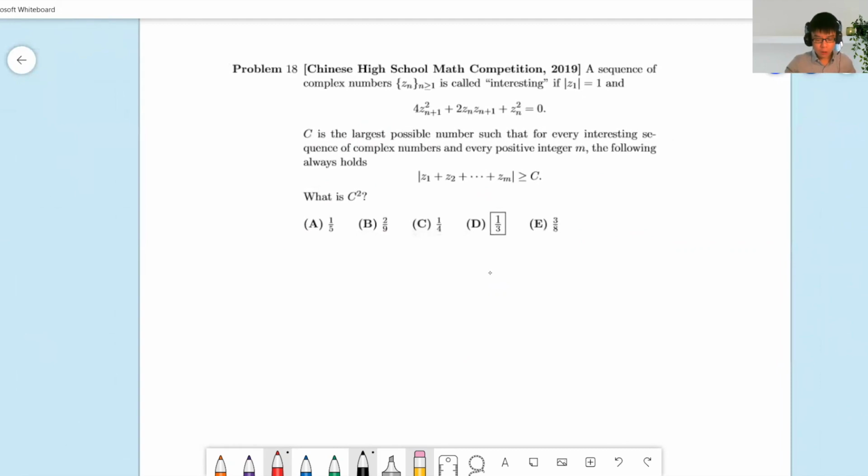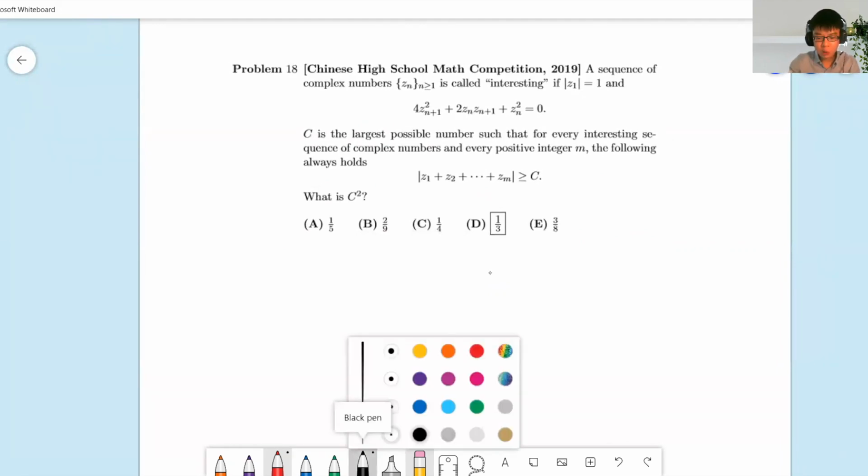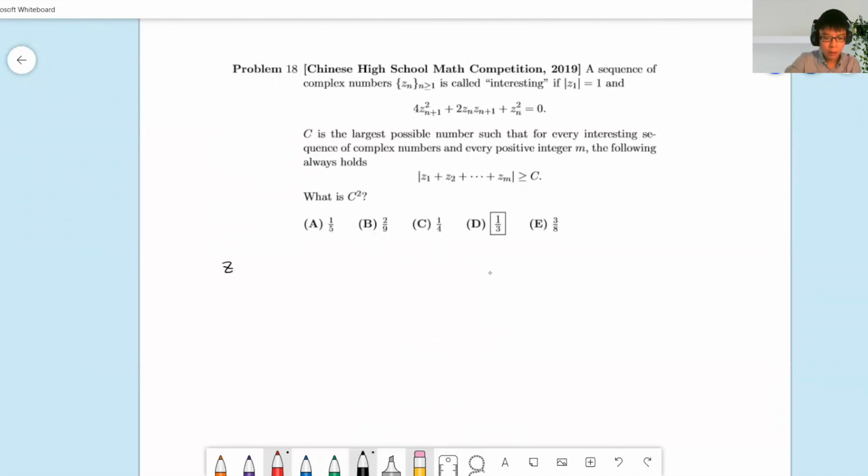Let's look at this expression. We claim that it does not depend on the direction of the first z, because if you look at this summation, the modulus, we can factor out the first term z1, and it becomes 1 plus z2 over z1, z3 over z1, up to zm over z1.